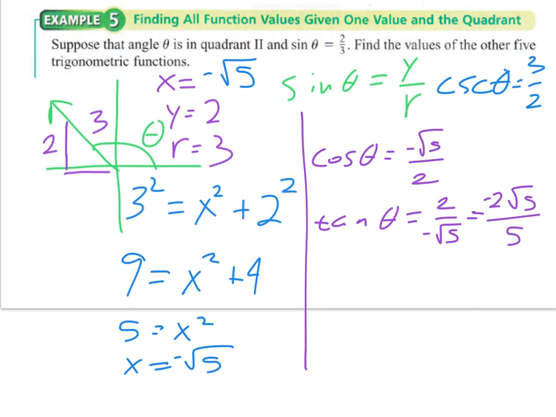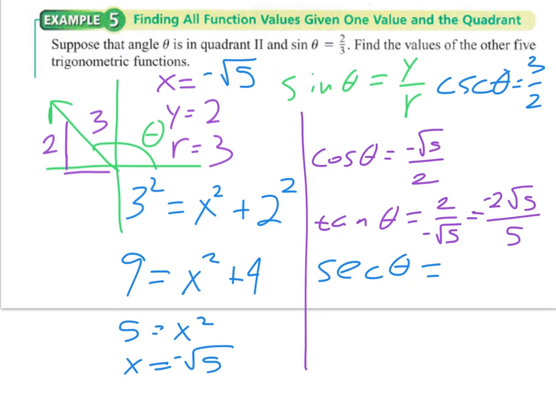So we already have the cosecant. We need the secant. So secant of theta, again, is the reciprocal of the cosine. And cosine was negative square root of 5 over 2.